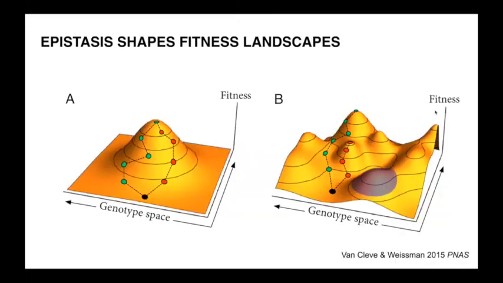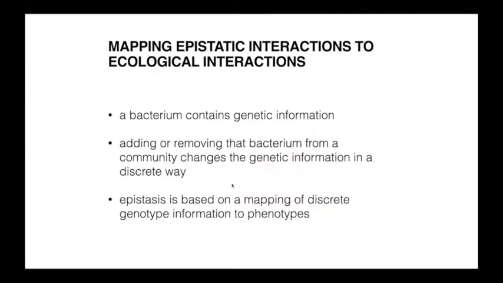And so thinking about these fitness landscapes for epistasis, we've applied this type of thinking to the ecological frameworks inside the fly, really thinking of the bacterial genome as another genotype that we can add to the fly genotype.